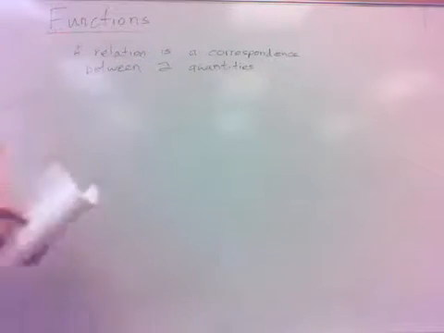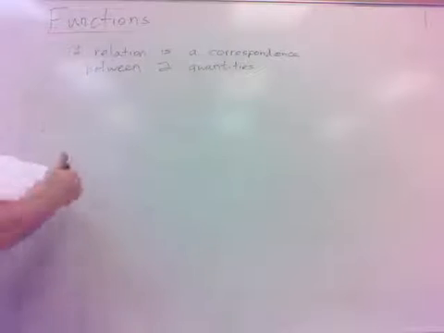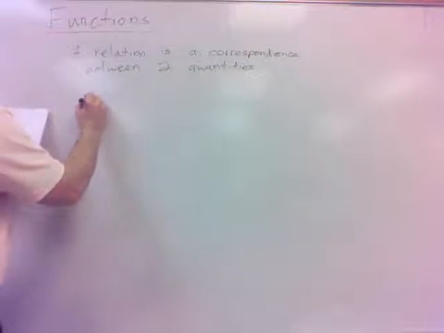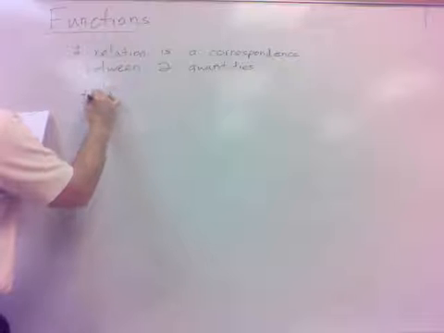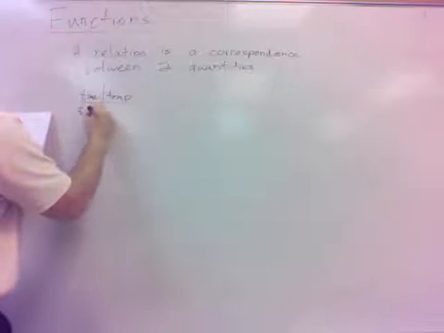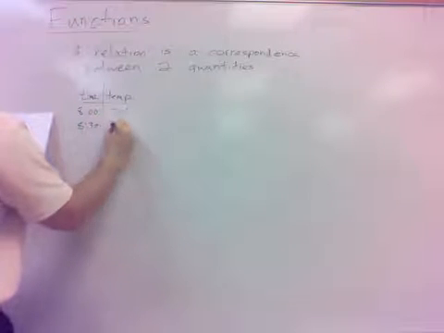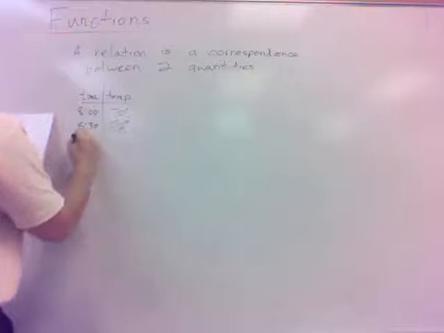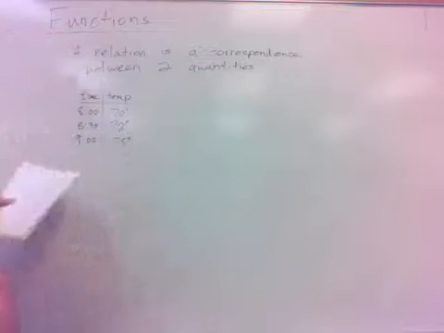Okay, and there's different ways that we do that, and we've done most of these ways already. Let me just show you a couple of examples of relation. Like I said, we can do the time and temperature thing. So at 8 o'clock, it was about 70 degrees. At 8:30, it'd come up to 72 degrees. And then 9 o'clock, it turned into 75 degrees.